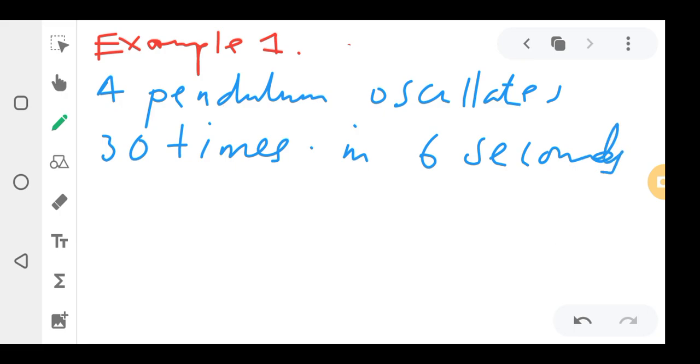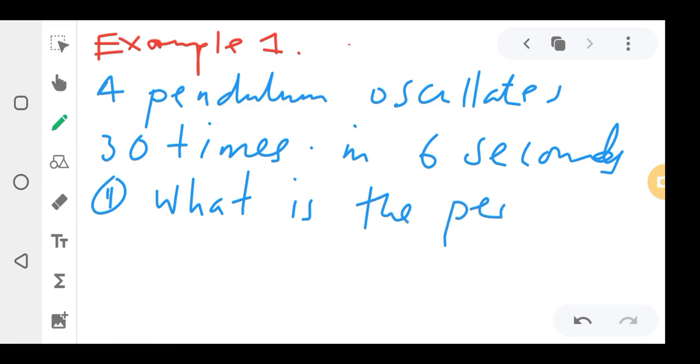Question 1 can say, what is the period of the pendulum?